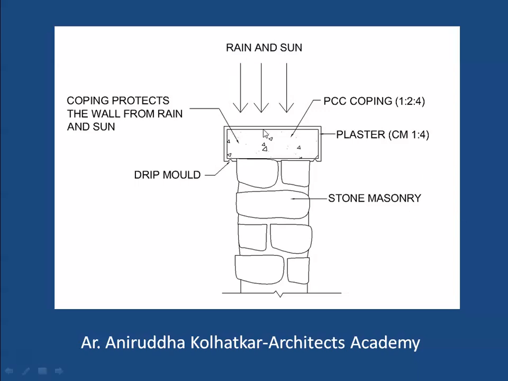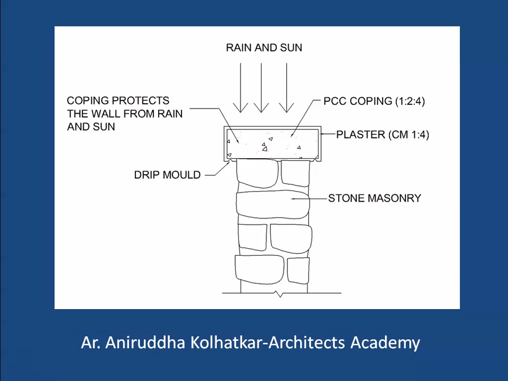As you can see here, this is a concrete coping, and this coping is provided on top of the wall to protect it from the rain and sun. The concrete coping would normally consist of a plain cement concrete of 1:2:4 proportion, as we require to have a durable type of concrete which will withstand the rain and the sun.